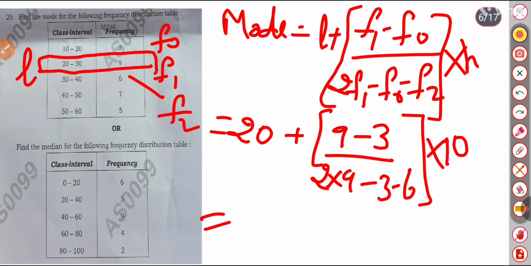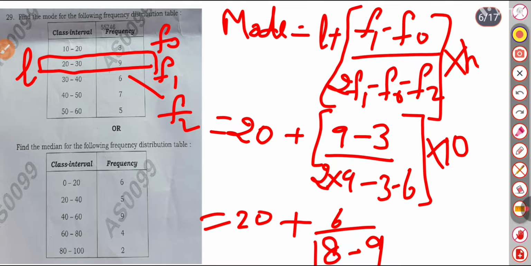That is equals to 20 plus 9 minus 3 is 6, by 18 minus 9, into 10.